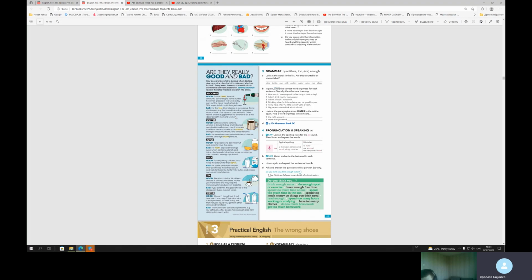But it's sometimes connected with heart disease or arthritis and high blood pressure.